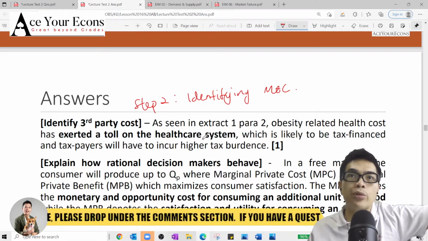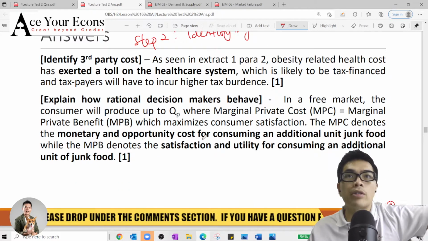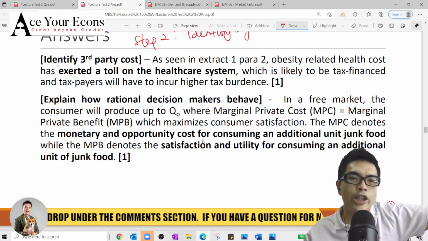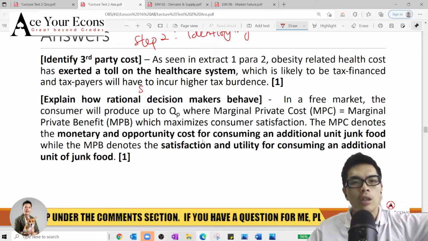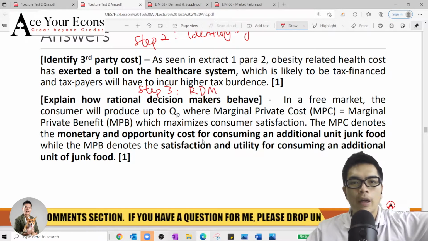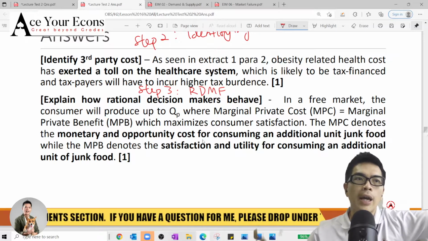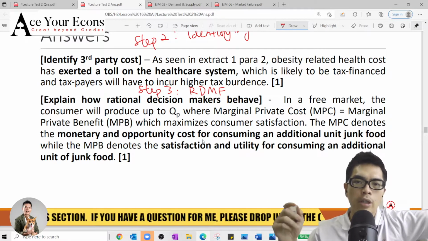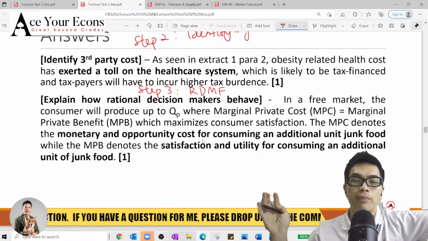Step number 3 is missing in a lot of scripts. So I want you all to check the rational decision-making framework. In your answer script, when I grade and return, I will use the concept of RDMF. If I write RDMF missing, it means that you are not using the correct framework here.